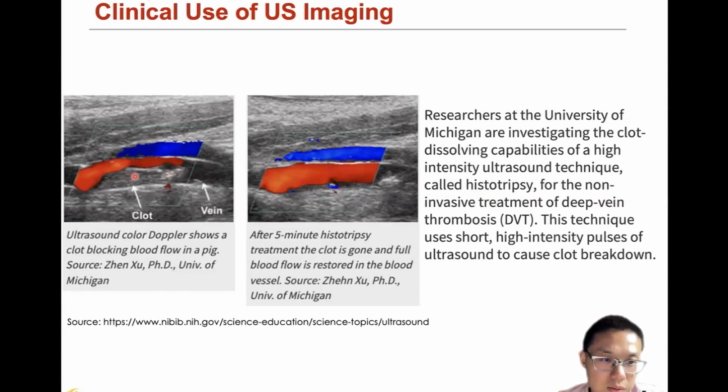There's some clot in this vein, so you only have a very narrow blood flow through here. They were able to develop this technique using high intensity ultrasound to dissolve the clot in the vein. After the treatment, you can see the blood flow becomes normal, so the blood is able to flow through freely.